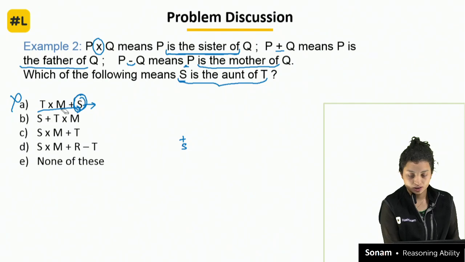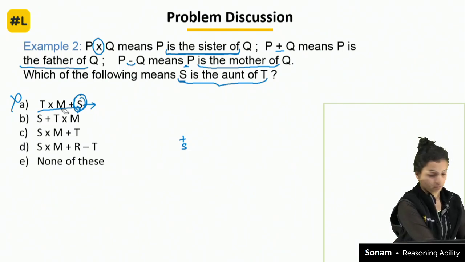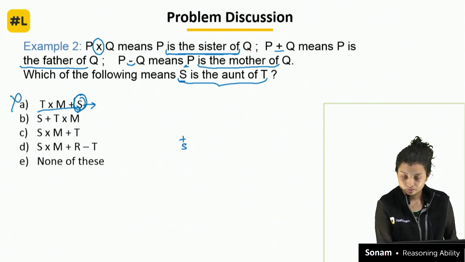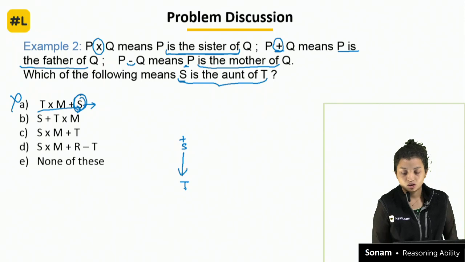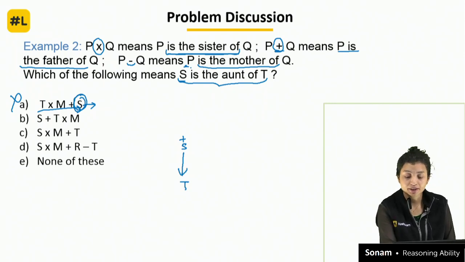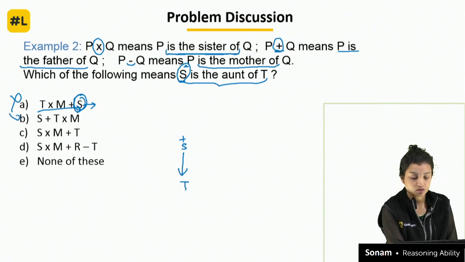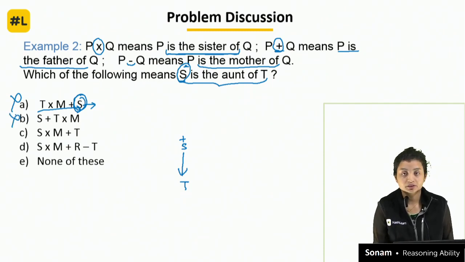S plus T means, this plus symbol, S is father of T. Okay, so S is male and I told you initially that S should be female. So option B is also wrong. Correct? Okay. Moving on to the next option.